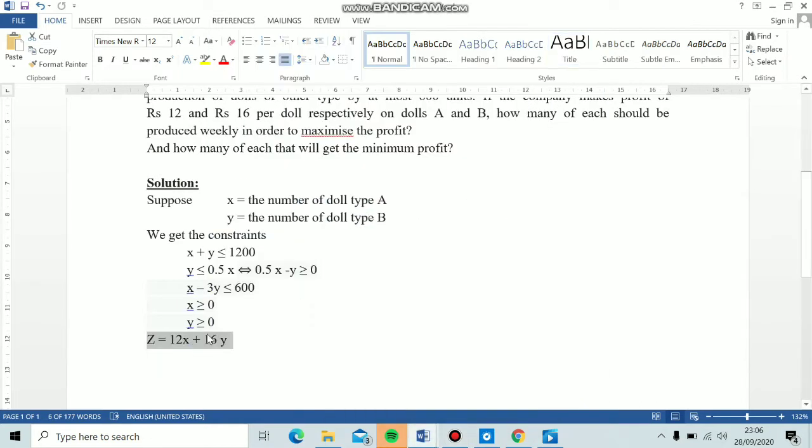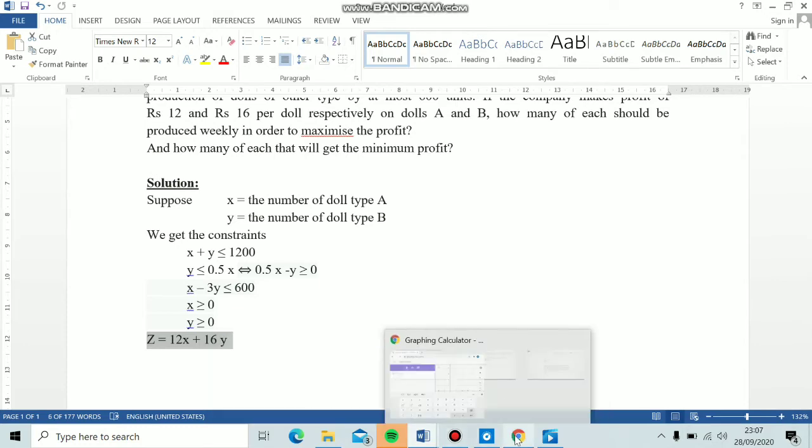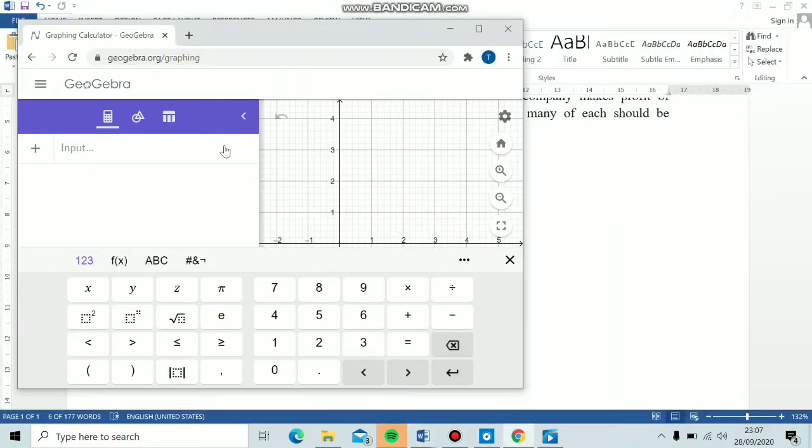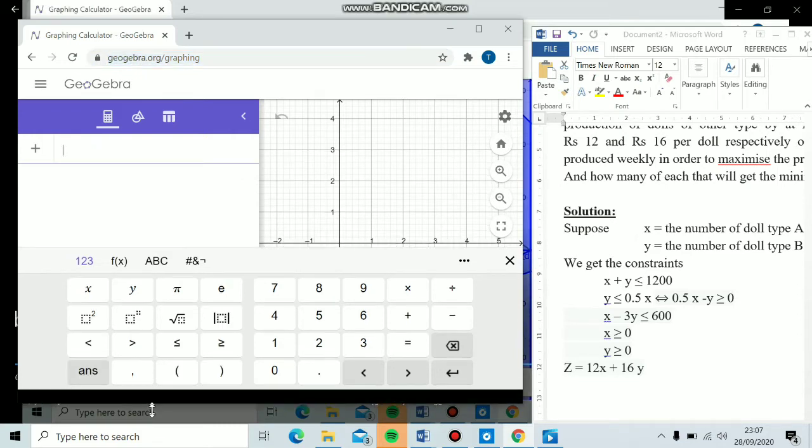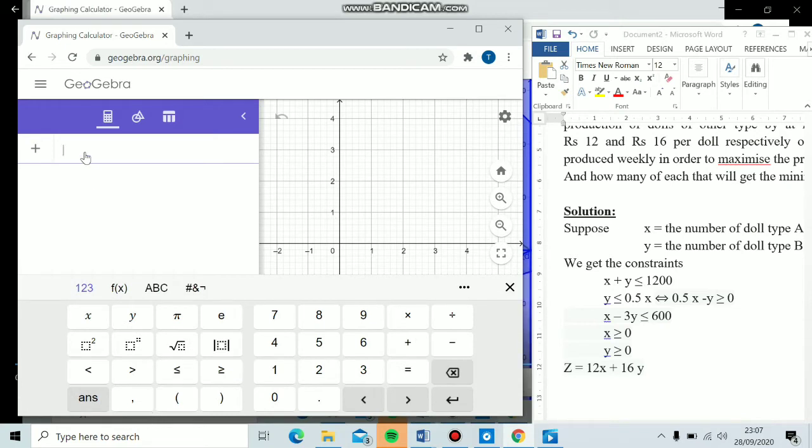Next, to solve this problem, we will use Geogebra. You can open Geogebra on your device by searching Geogebra and using the graphing calculator. So the first thing we have to do is input all these constraints in Geogebra.